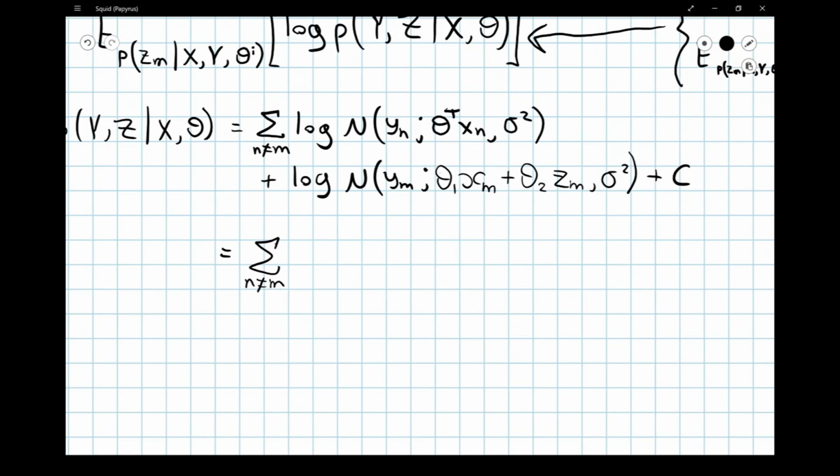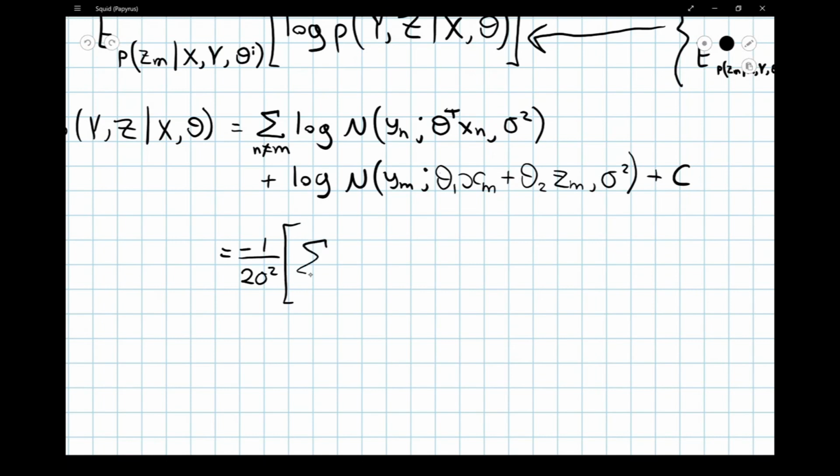Now these two Gaussian distributions both have the same variance. So we know that there's going to be a minus 1 over 2 sigma squared outside of everything we write in here.